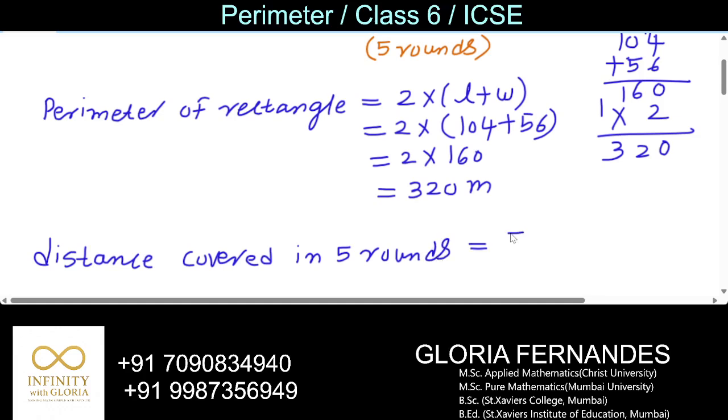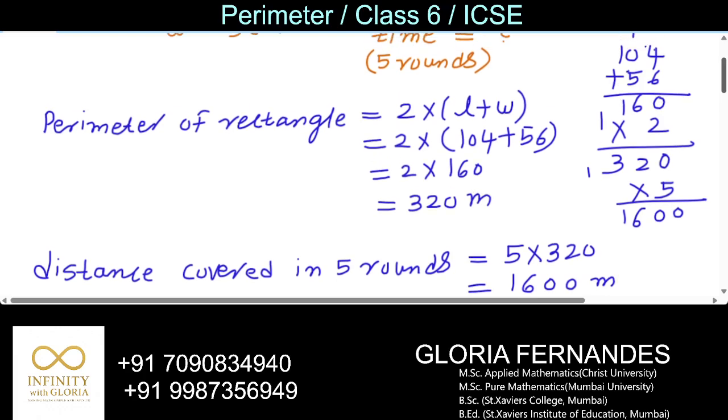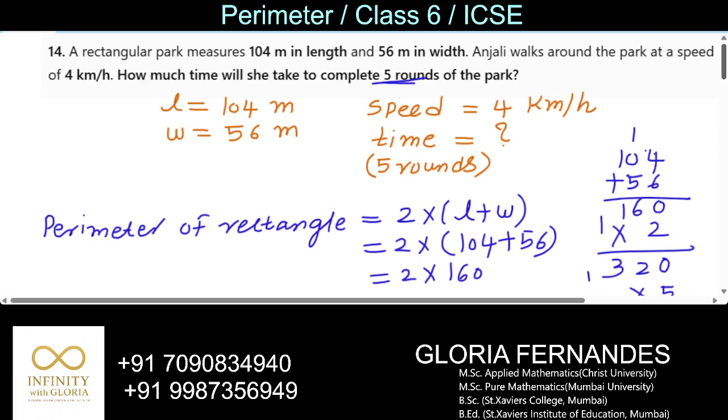It is going to be 5 times 320. Okay, so 320 multiplied by 5, 0, 5 2s are 10, 5 3s are 15, 16. So this is going to be 1600. Okay, so Anjali has covered how much distance? 1600 meter.